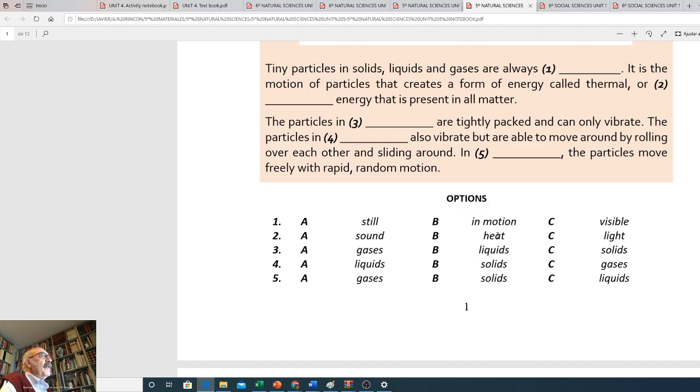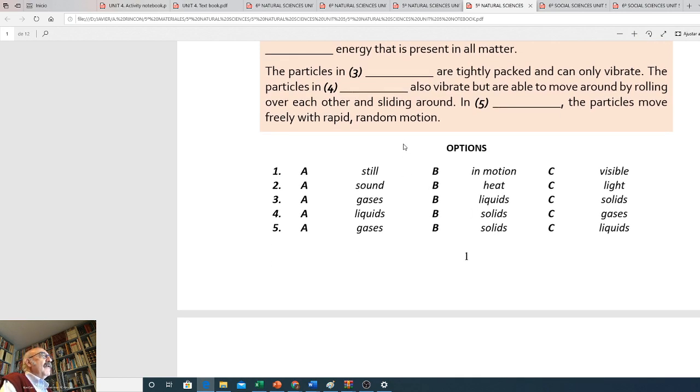Very good. So, now, the particles in are tightly packed and can only vibrate. We're going to select between gases, liquids, and solids. They only can vibrate. They don't have a free movement.